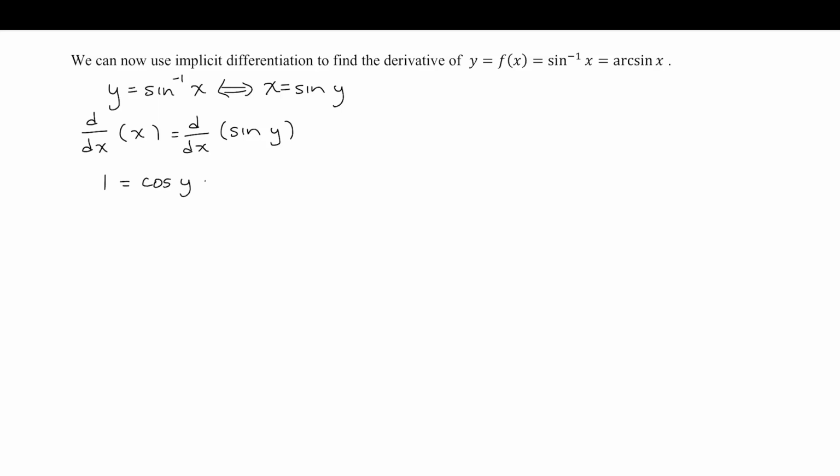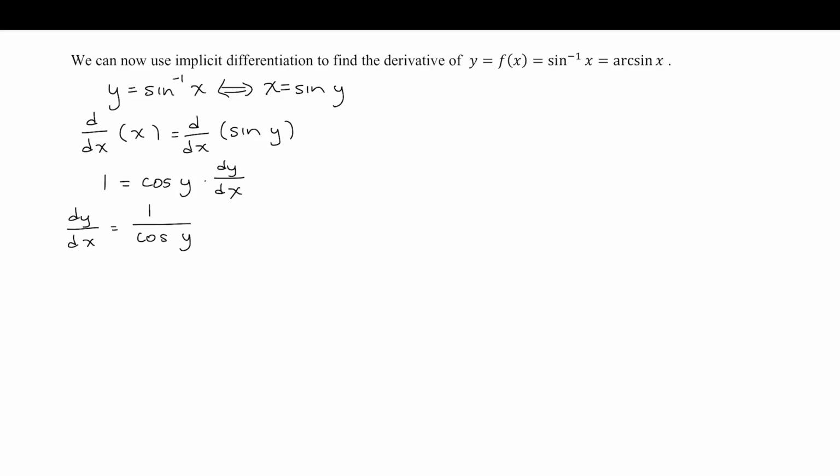The derivative of the sine of y with respect to x is the cosine of y times the derivative of y with respect to x. Again, that's really using the chain rule, saying that y is a function of x, but maybe not an explicit one. So if I solve that for dy/dx, I'm dividing both sides by cosine y. I have 1 over the cosine of y.